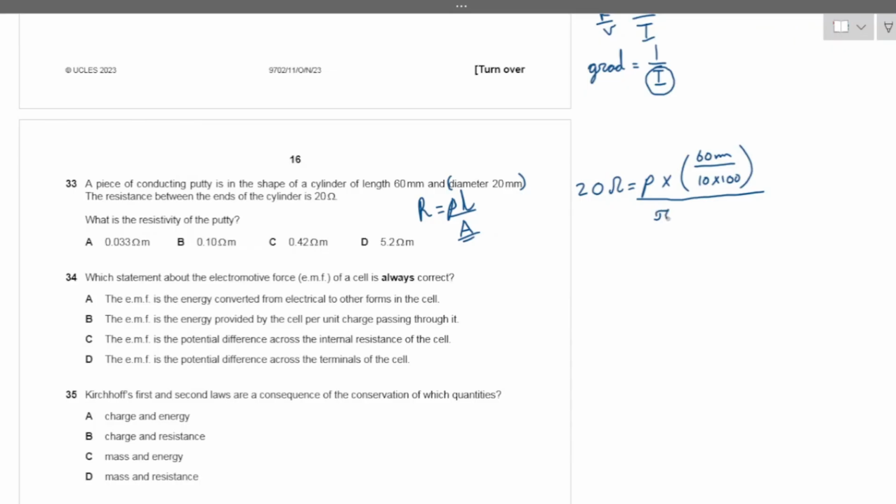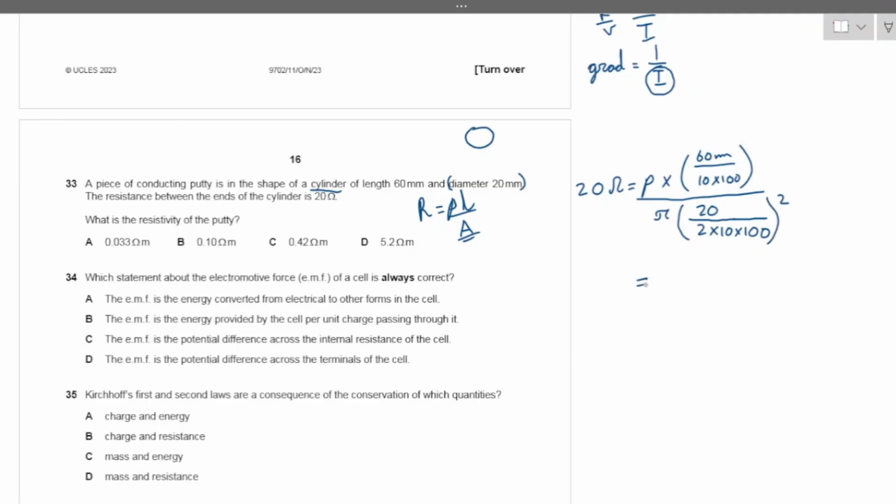The cross-sectional area of a cylinder, we can assume as a perfect circle. And then we can find the cross-sectional area as pi r squared. So r would be half the diameter. So 20 divided by 2, multiplied by 10 into 100, because we need to convert it to meters.